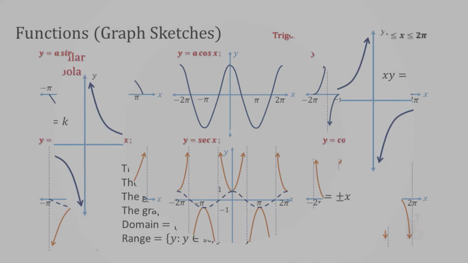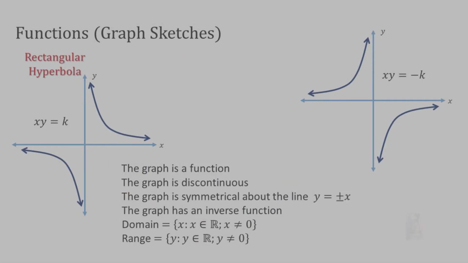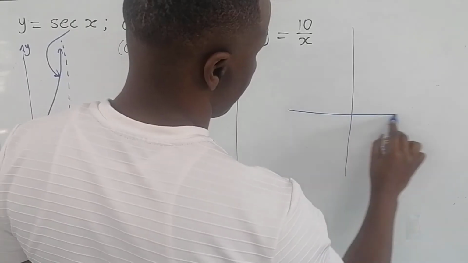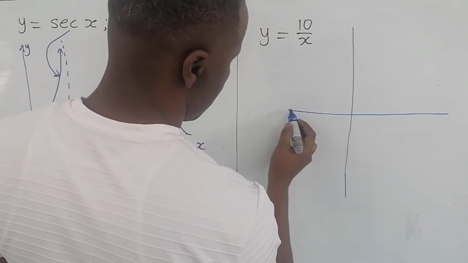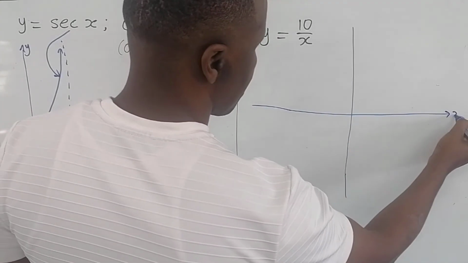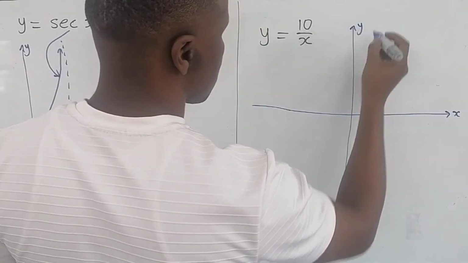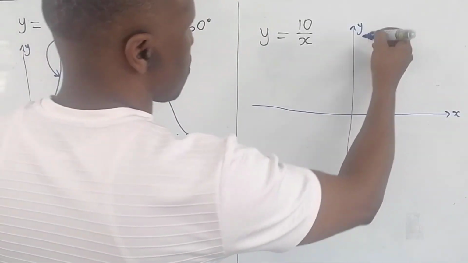That's what we do. The question is asking us to sketch the graph of y is equal to 10 divided by x. This again is a hyperbola, a rectangular hyperbola. This time it is a positive rectangular hyperbola, because if our coefficient is positive, it will be on the first and on the third quadrant.